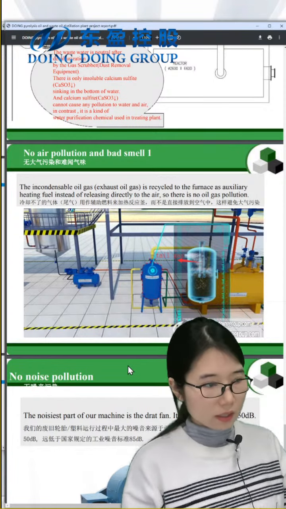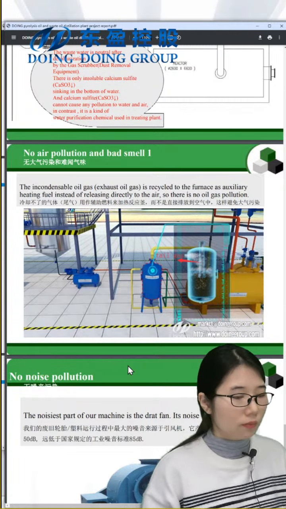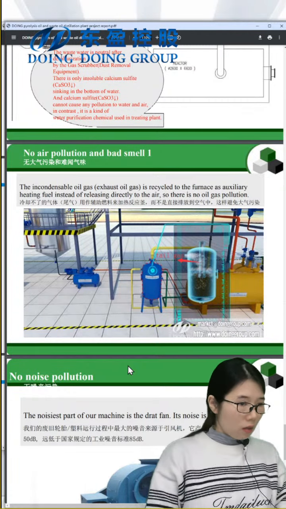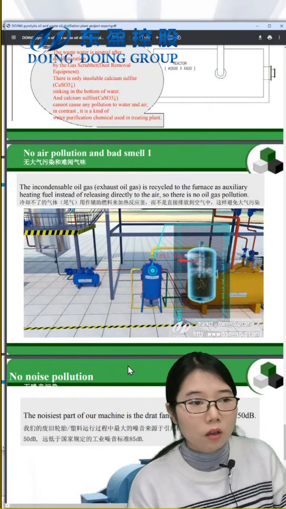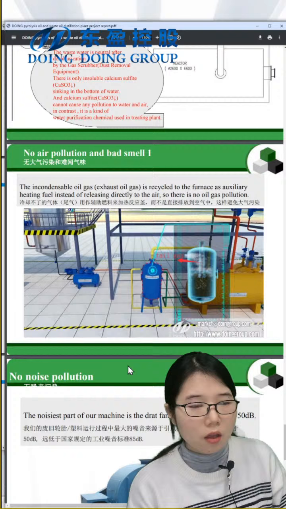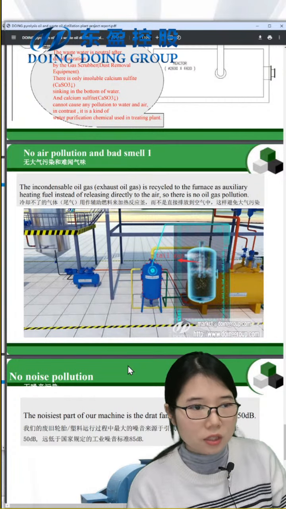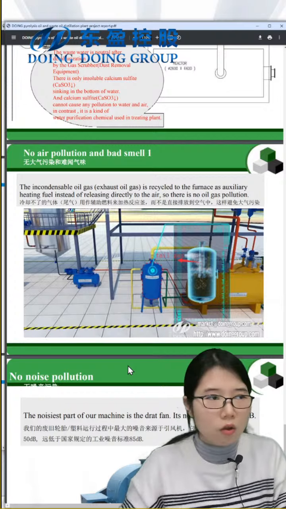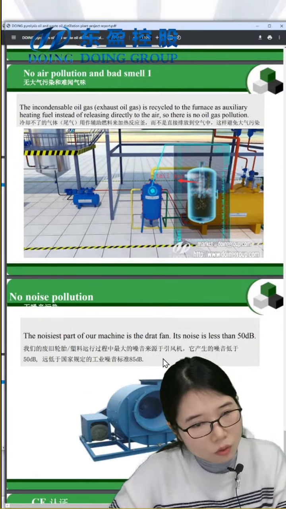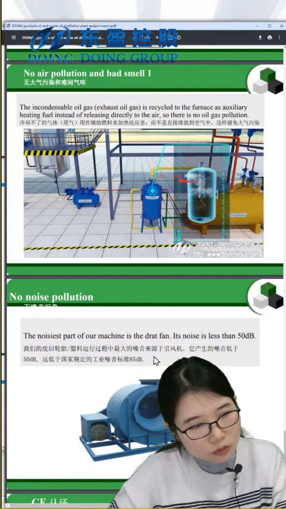The machine produces only 5% syngas, so after the soot device there is almost no smell, so no smell pollution. And also no noise pollution. The noise is less than 50 dB.